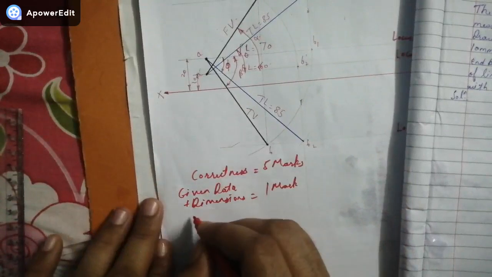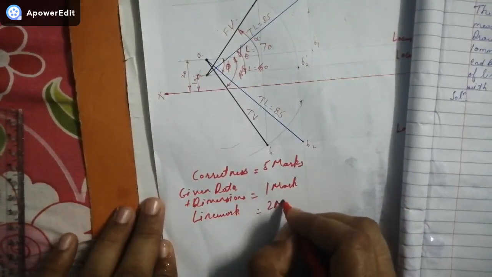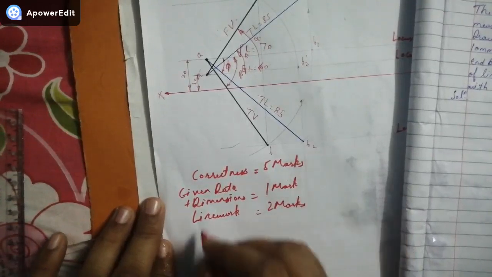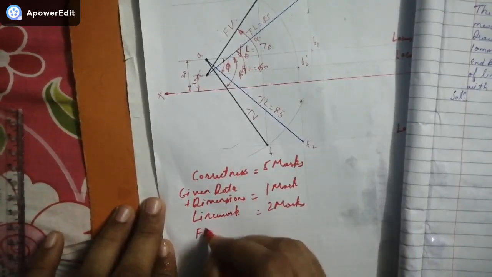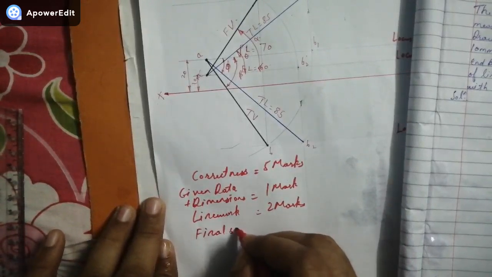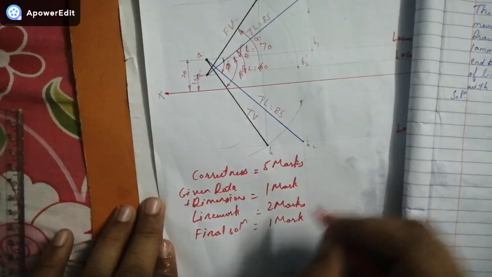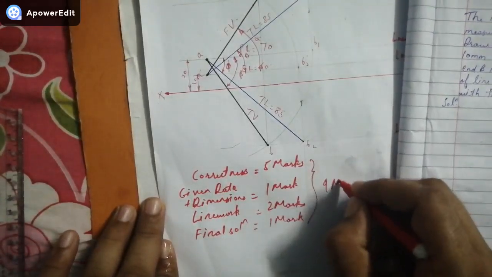Line work will be for 2 marks. Last but not the least is your final solution, that is theta, alpha, phi and beta. Final solution will be given 1 mark. This is how total 9 marks are going to get divided.